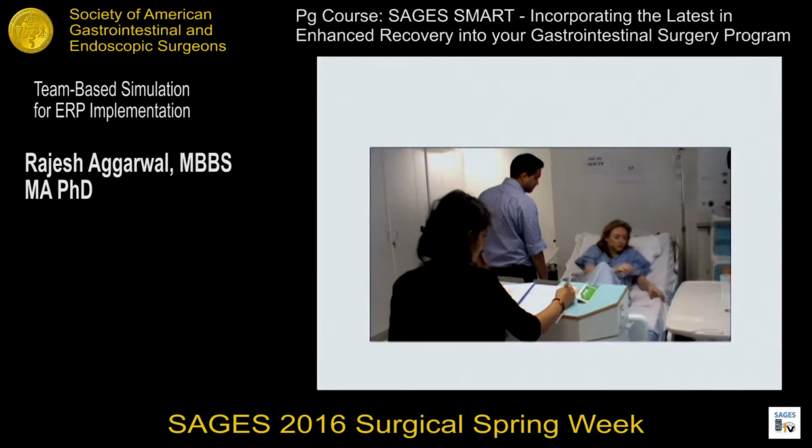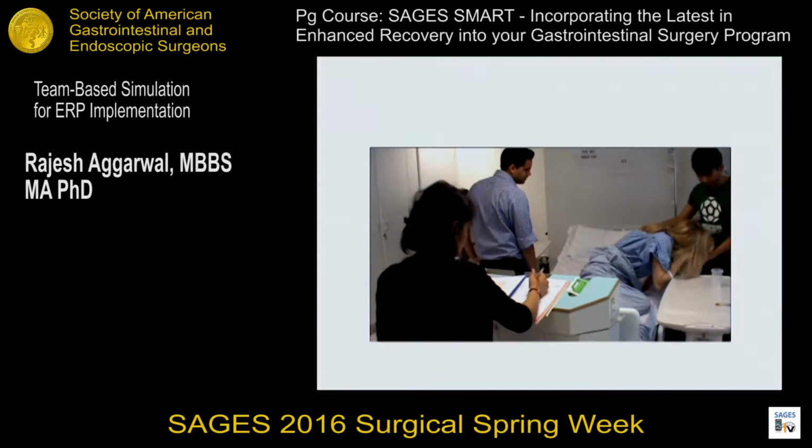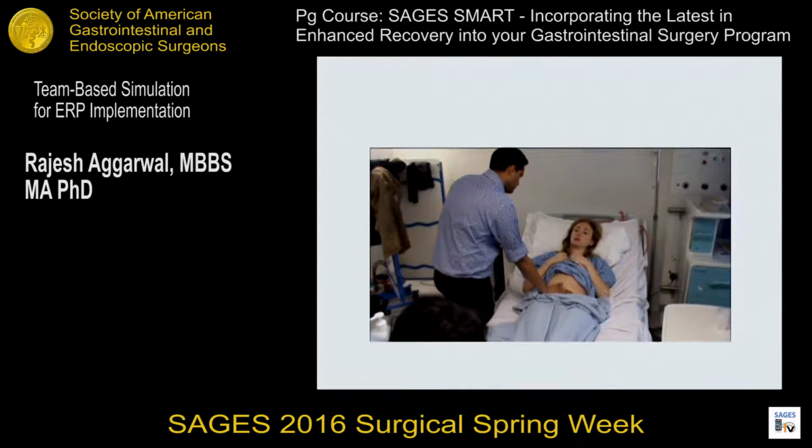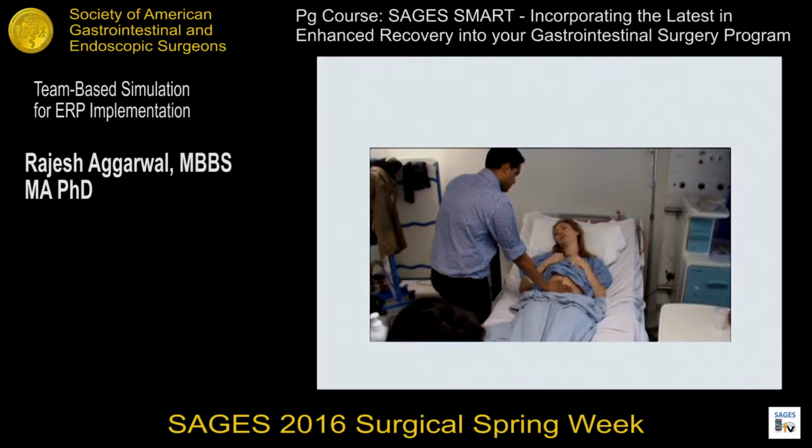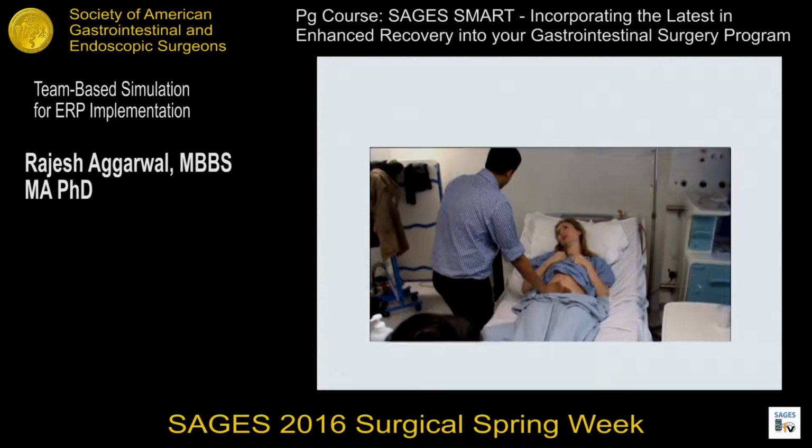So you can think about this as really having those enhanced recovery scenarios, and trying to teach not just the residents now, but the whole team, the nursing team, the surgeons, the other members, the nutritionists, and so forth, about how to take care of these patients to implement enhanced recovery protocols.